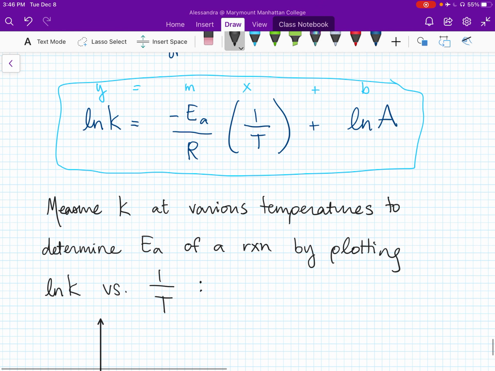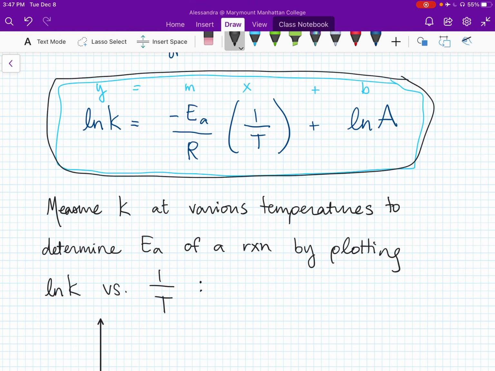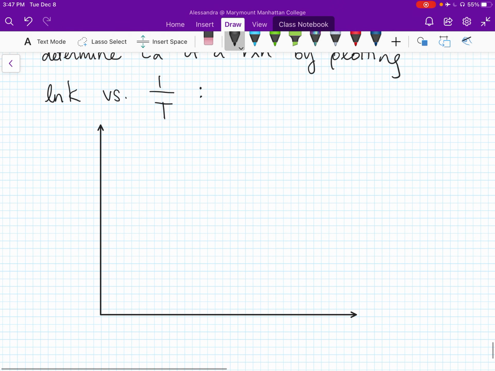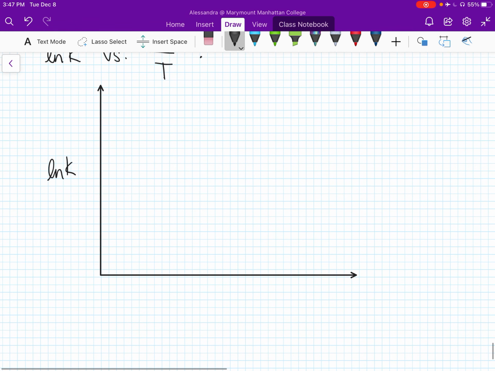Okay, so remember, I have this version of the equation, which is in the form of y equals mx plus b. So in my plot, my y is the natural log of the rate constant. My x is 1 over T, 1 over temperature. And if you measure K at various temperatures and plot the natural log of K versus 1 over T, you get a straight line with a negative slope, because that's in the form of y equals mx plus b.